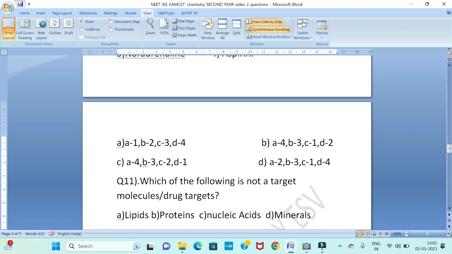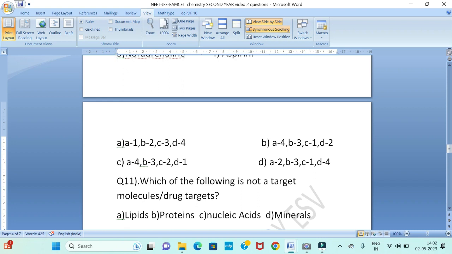Select one option. The other three are target molecules or drug targets. One is not a target molecule, not a drug target. It does not come into drug or molecule.